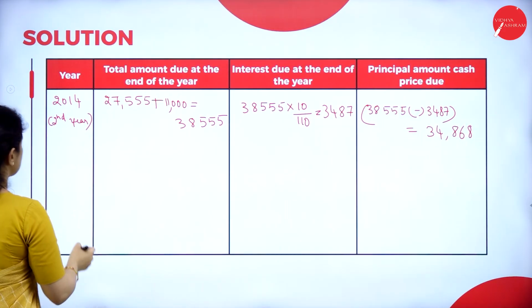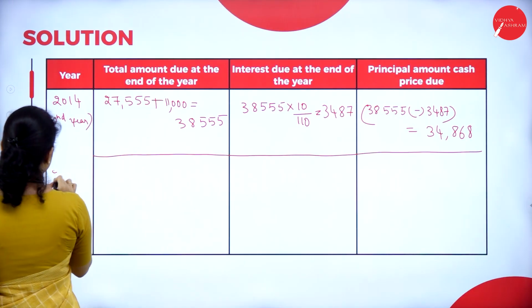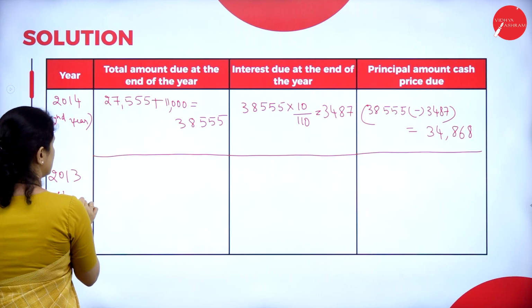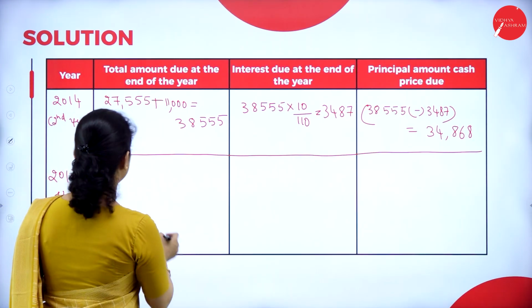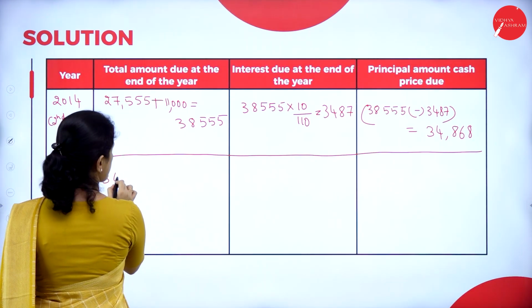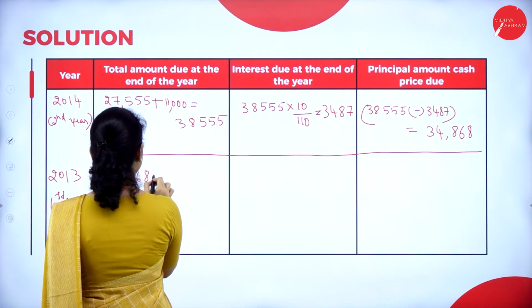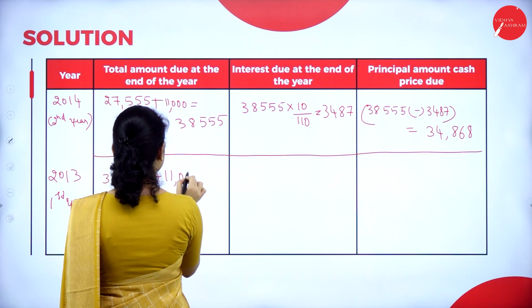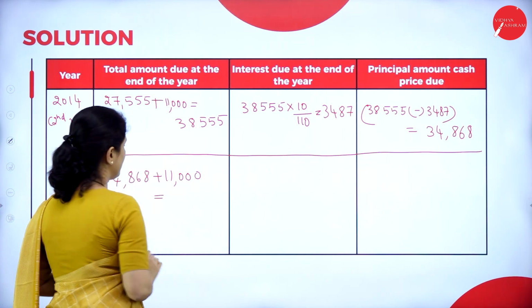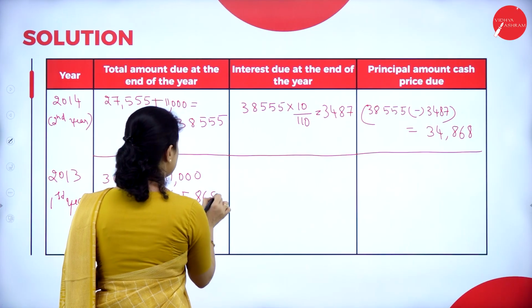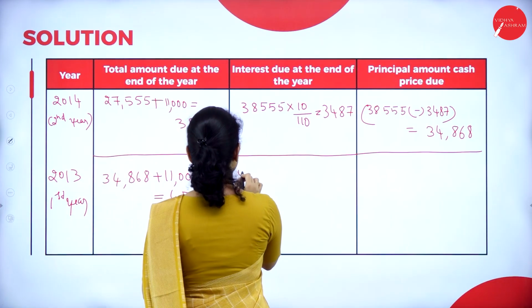Now let us go to the first year, that is 2013. So here 34,868 plus 11,000 equals 45,868. Rate of interest is 10%.